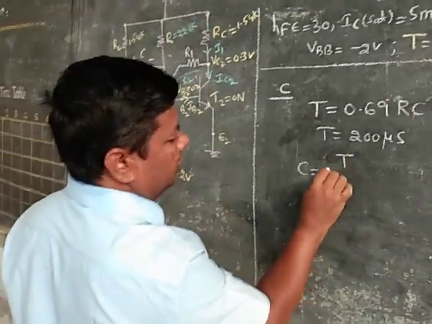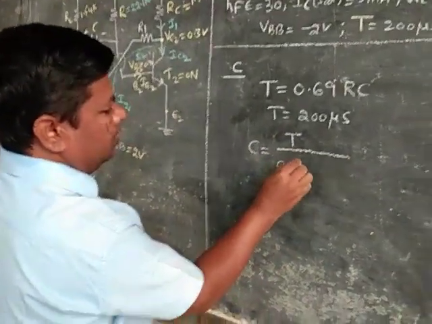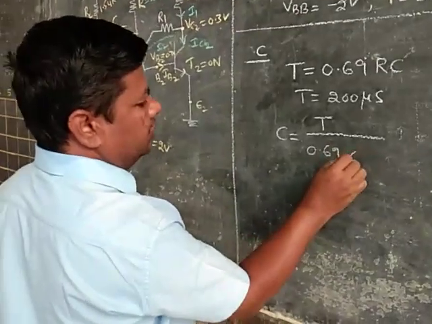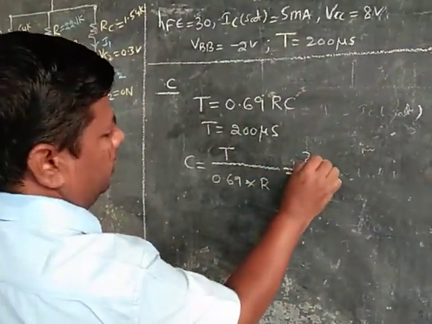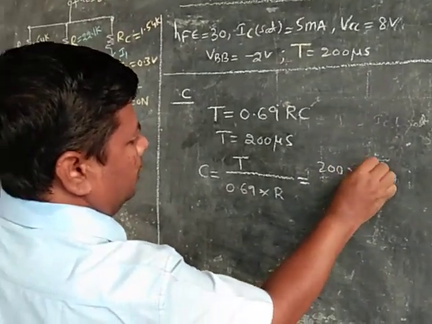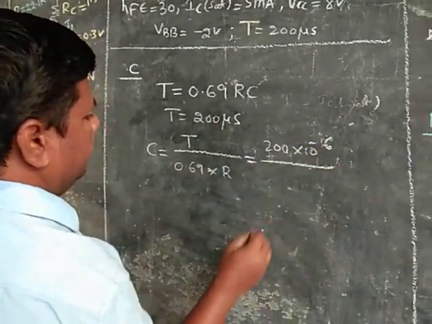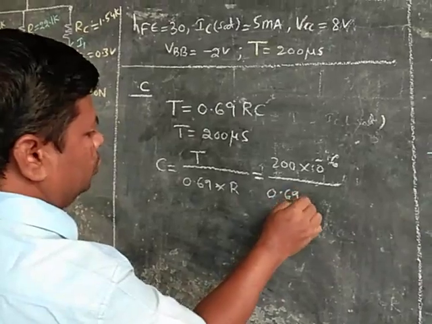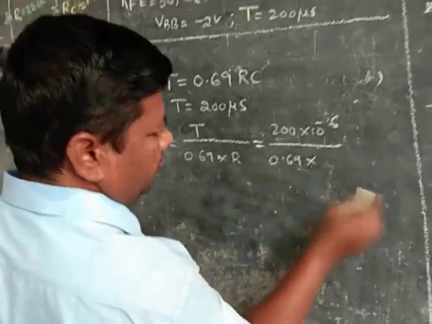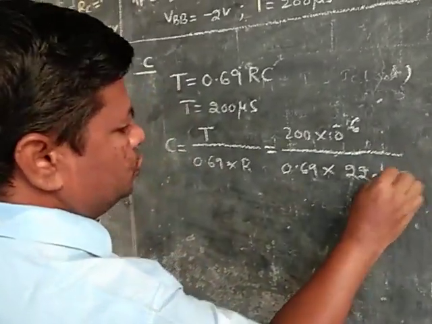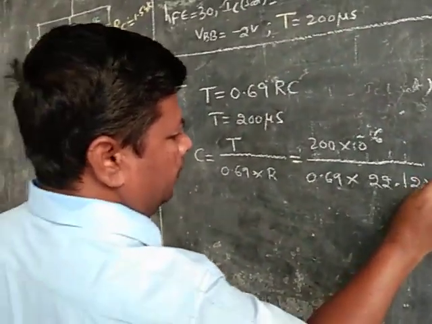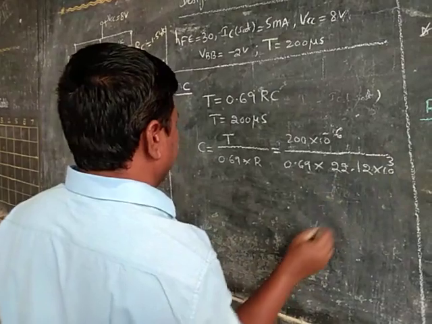C is equal to capital T by 0.69 into R, that is equal to 200 micro, 10 power minus 6, by 0.69 into R. R value is 22.12 K, 10 power 3.